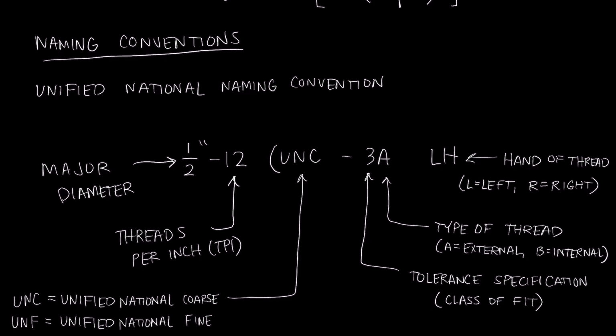So this UN means that we have a normal thread, but we could also have a UNR, which would be the greater root radius. And that greater root radius bolt in both the UNS and the metric system is going to help in fatigue applications, because if we have a greater root radius, we don't have as much of a stress concentrator in our thread.